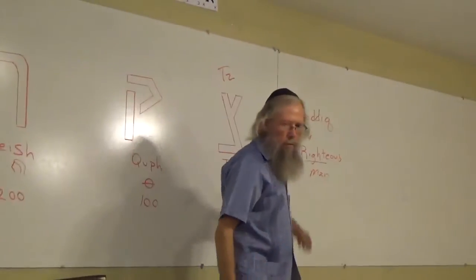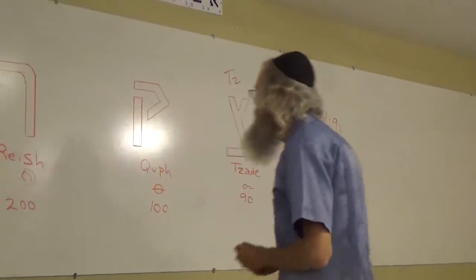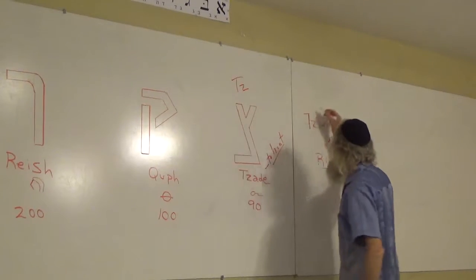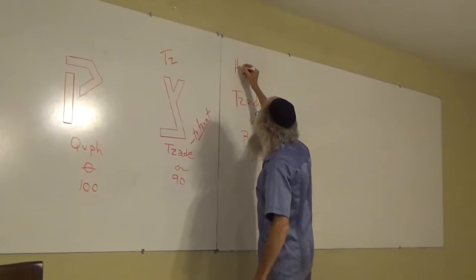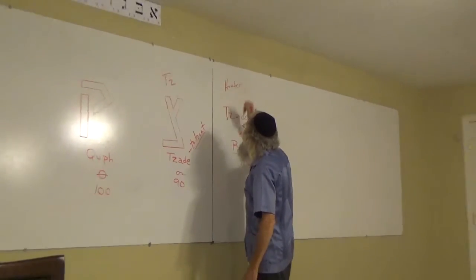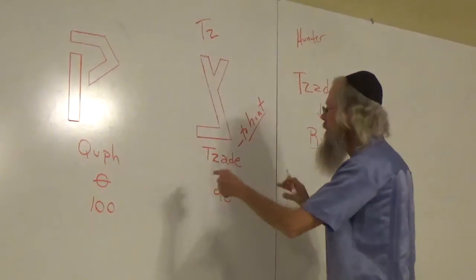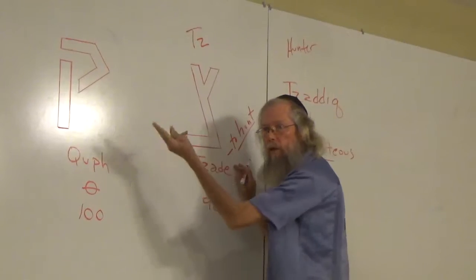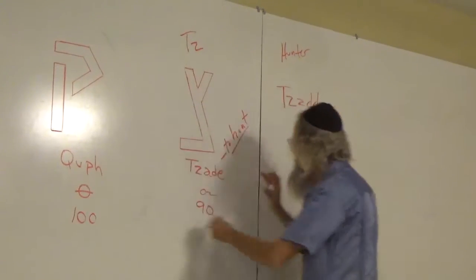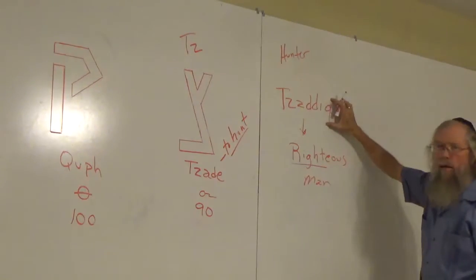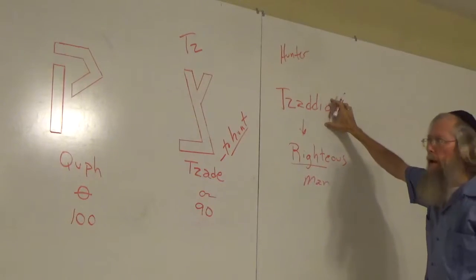So tzaddik, to hunt, the tzaddik is a hunter. As we talked about last week, how do you make tzaddik? You take tzaddik, there's a relationship, you take tzaddik, and you add the quph at the end. Tzaddik. Okay?